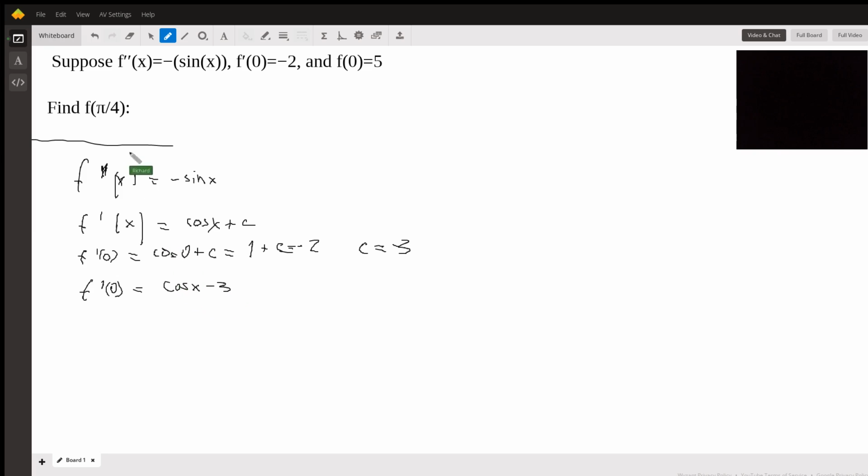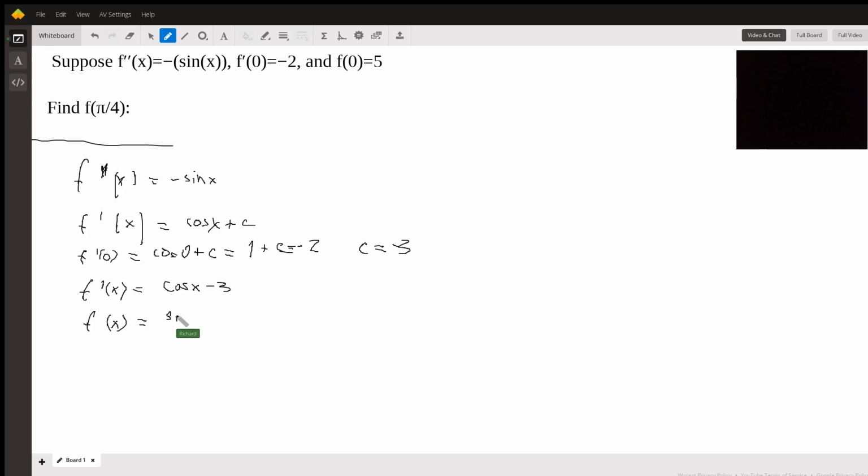Now we just have to take one more step, because we're interested in f of x, the original function. So we're going to take the antiderivative again.